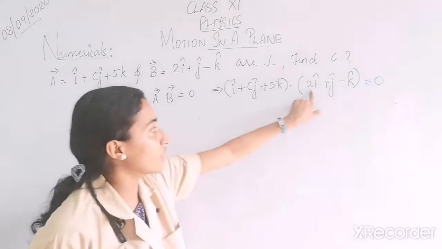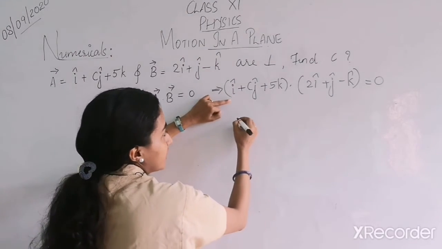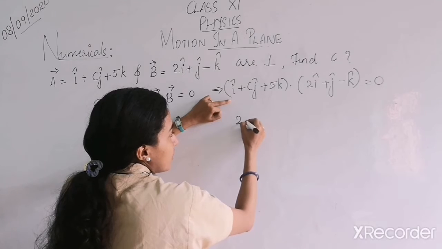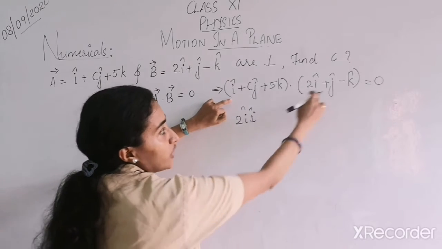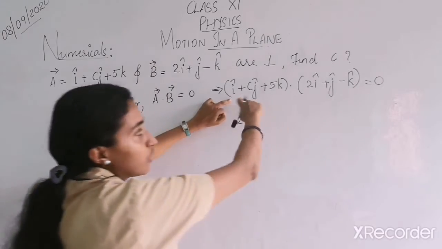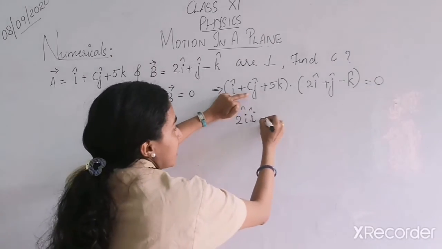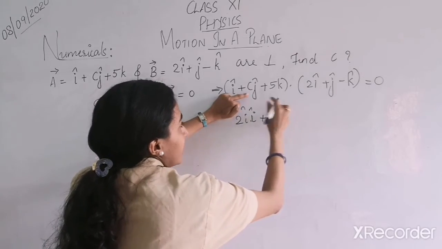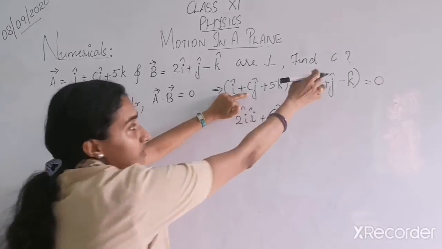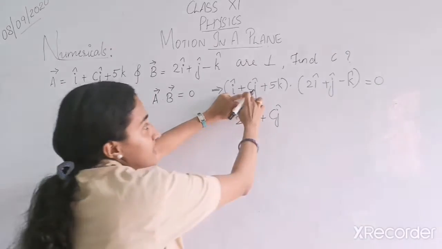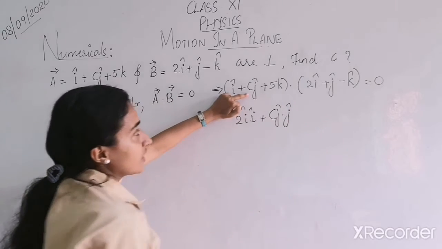See the first one when you are solving it: i dot 2i, it will be 2 into i dot i. Now i dot j is 0, i dot k will be 0, so in that nothing will remain. Now come to cj. cj into 2i: j dot i is 0, so first term will not be there. Second term, c into j dot j will be there.